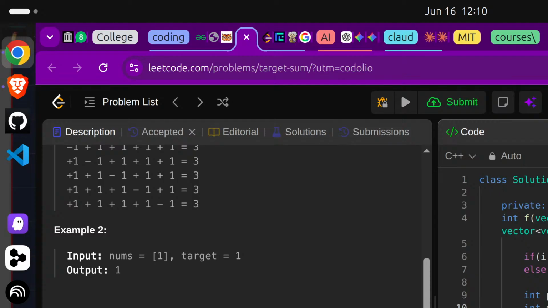We can pass here also like this, and dp of i comma amount plus offset, right? Do this, it is equal to 2000 values, right? Okay.